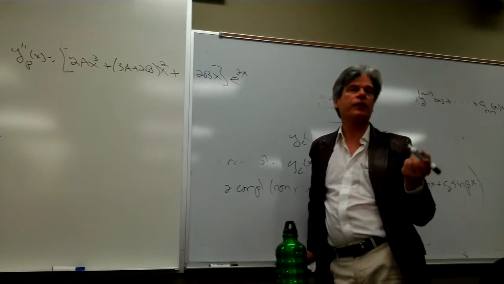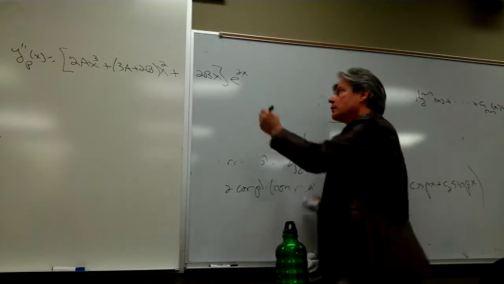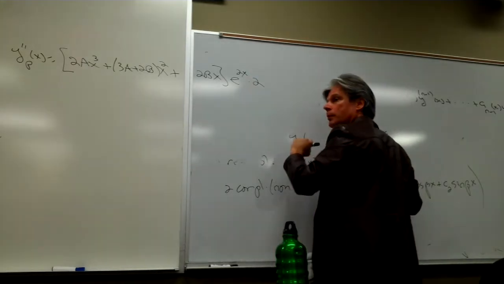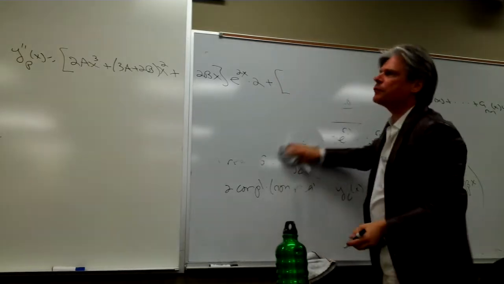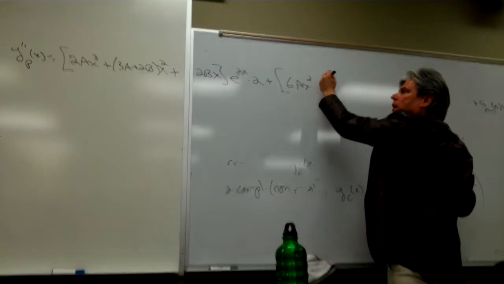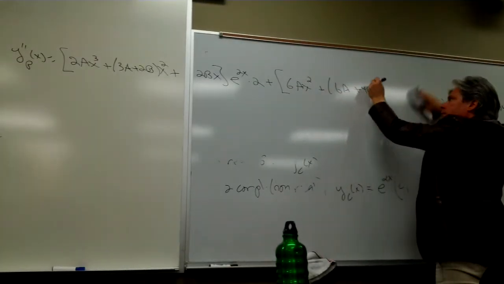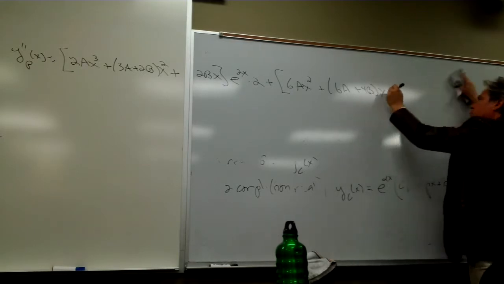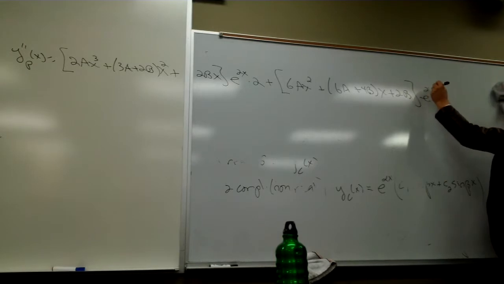Well, chain rule says multiply by 2. Plus this times the derivative of the first, but the derivative of the first is simply going to give me a 6ax squared plus a 6a plus 4b times x plus a 2b. And all this is being multiplied to e to the 2x.